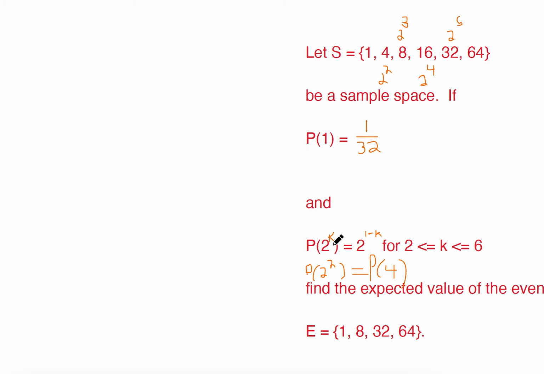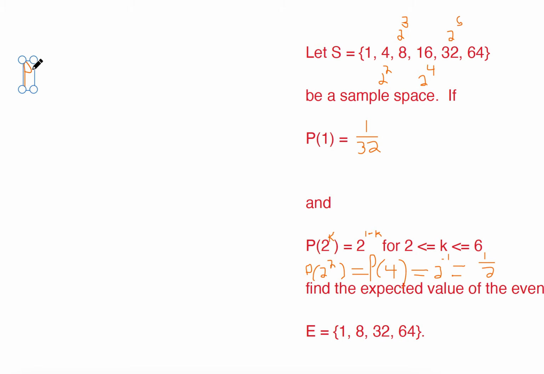So in this case, k would equal 2. They say to make that calculation, the probability is 2 to the 1 minus k power. So look, for this one, k equals 2. So if you do 1 minus 2, you get negative 1. And so 2 to the negative first power, that's the same thing as 1 over 2. So that's the probability of getting a 4.